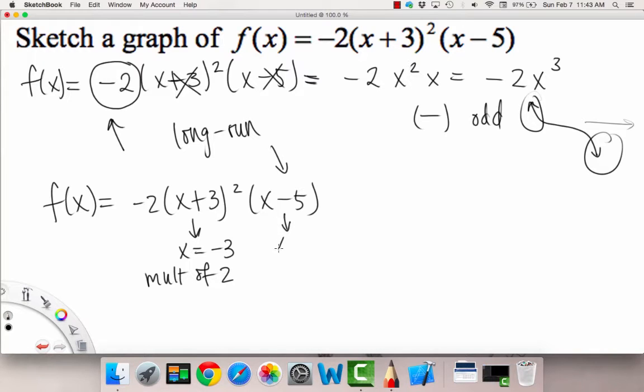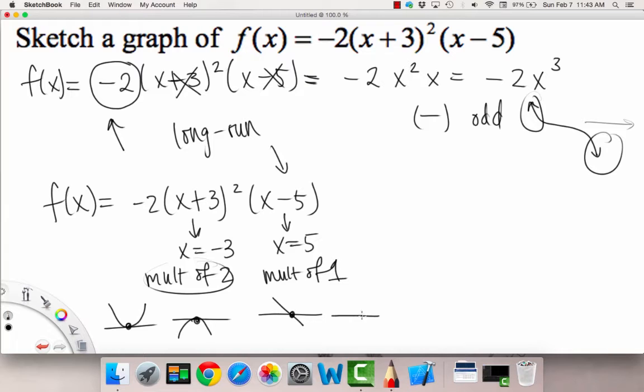And then from this grouping, we get x equals 5, a positive 5, which has a multiplicity of 1. So at this one, because we have a multiplicity of 2, it's either going to look like this at the horizontal intercept, or it's going to look like this. And then this multiplicity of 1 means it's either going to look like this, or it's going to look like this.